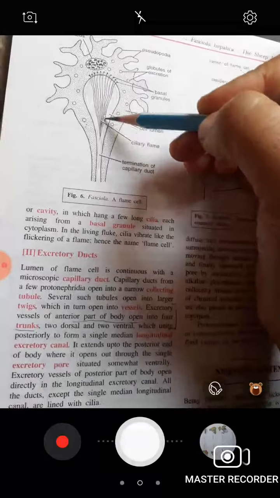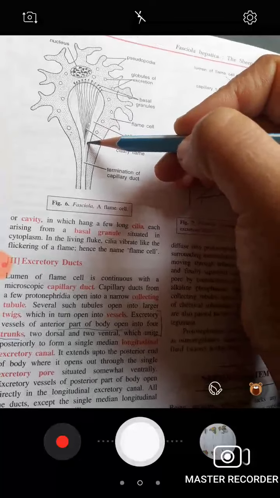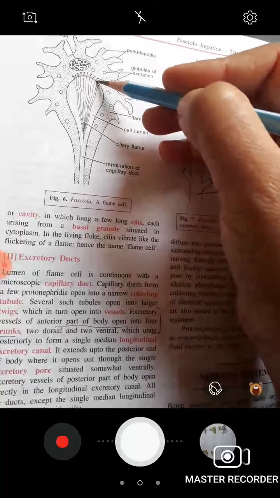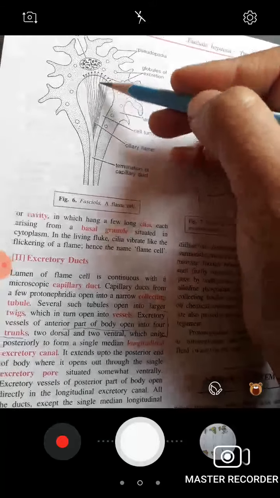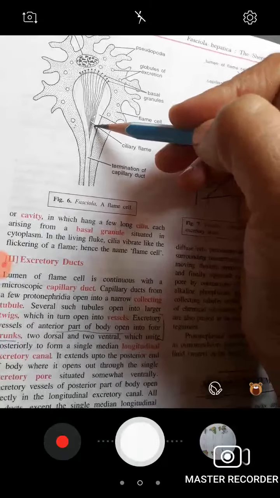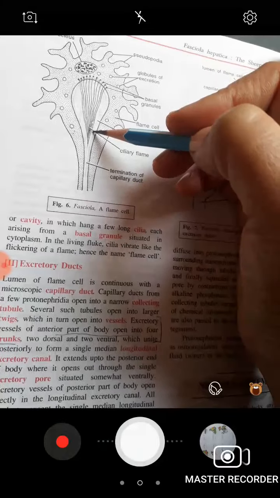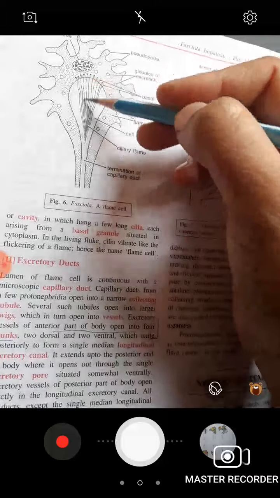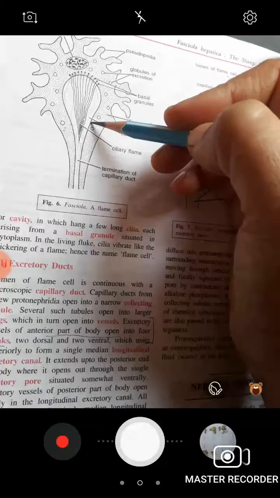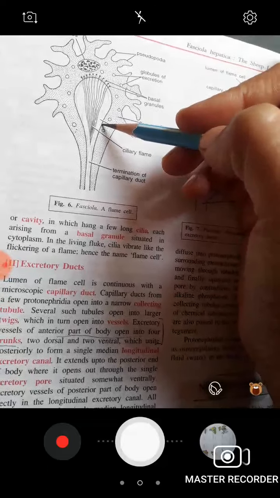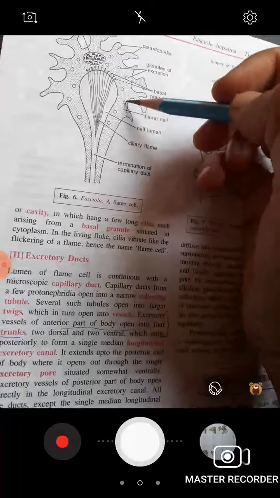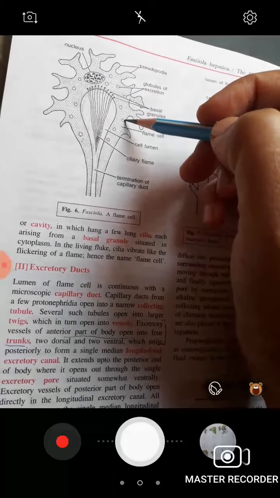You see here in the lumen a tuft of cilia arising from the basal granule. They hang in this lumen or cavity of the flame cell. These cilia look like the flickering of a flame. That's why the name of this cell is flame cell.